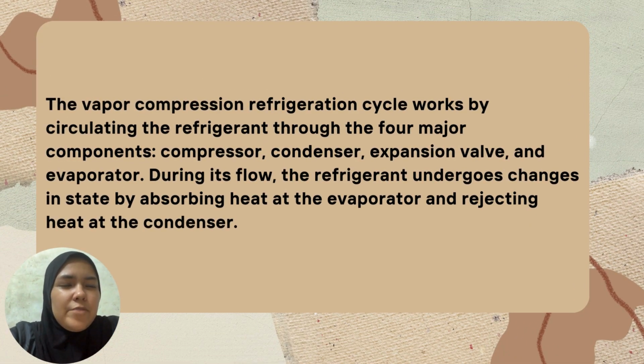The vapor compression refrigeration cycle works by circulating the refrigerant through the four major components: compressor, condenser, expansion valve, and evaporator. During its flow, the refrigerant undergoes changes in state by absorbing heat at the evaporator and rejecting heat at the condenser.